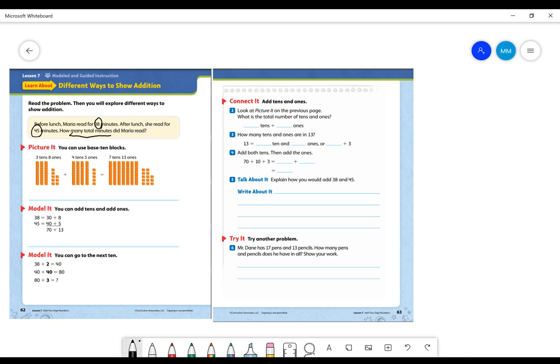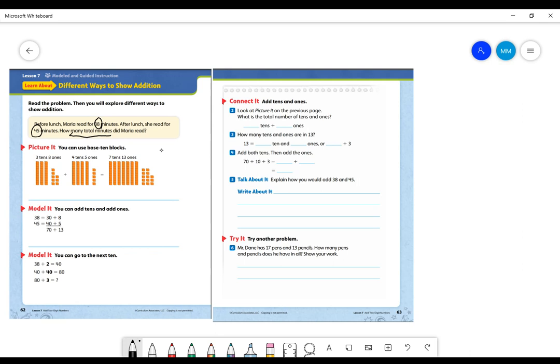So we can show this addition problem in different ways. We can picture it. So for this problem, the first way we can show it is that we could draw a picture. So 38 is three tens, three groups of 10: 10, 20, 30, and 8 ones: 31, 32, 33, 34, 35, 36, 37, 38.